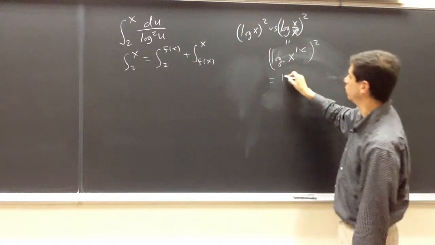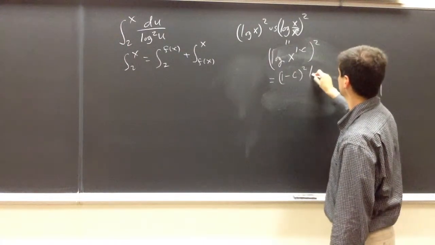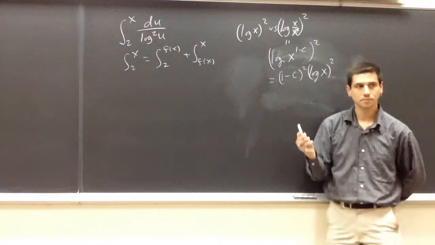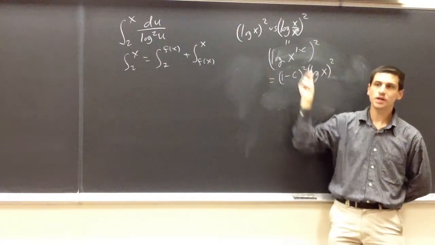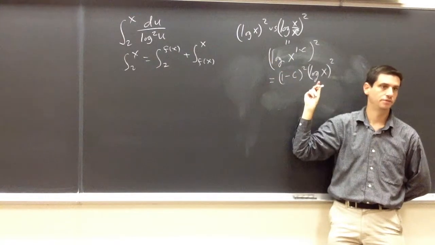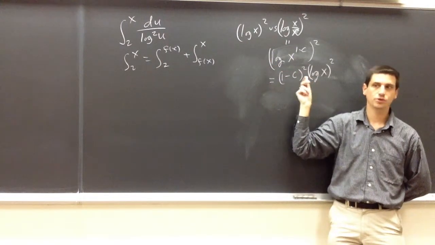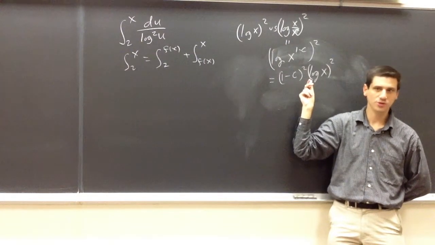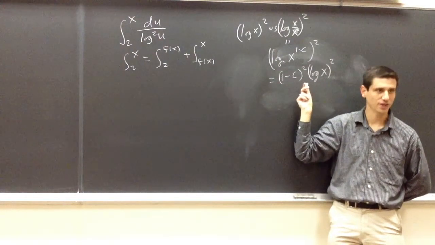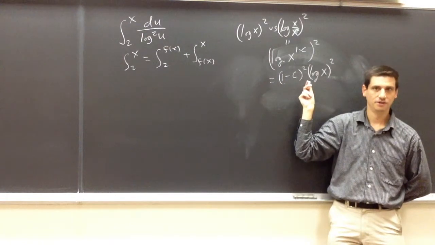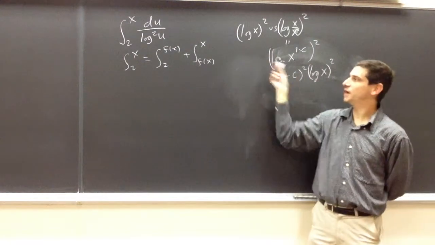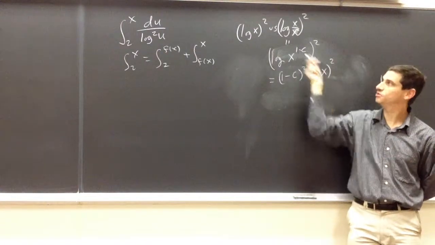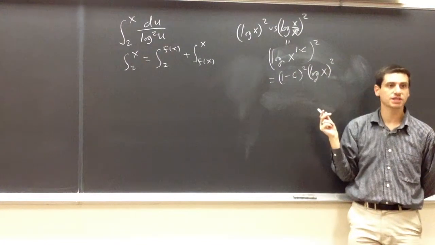So I get a 1 minus c squared log of x squared. So there's now a constant decrease. So it's noticeably smaller. If your financial portfolio takes a 50% hit, you feel that, right? But it's still order of magnitude, it's still the same order, it's still log squared. So in terms of the contribution, it's still going to be contributing significantly.